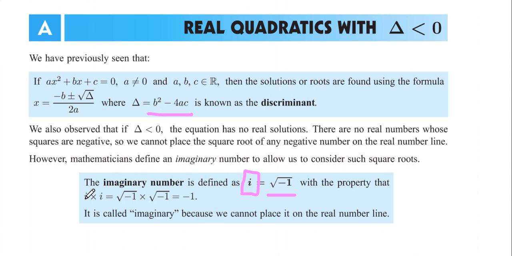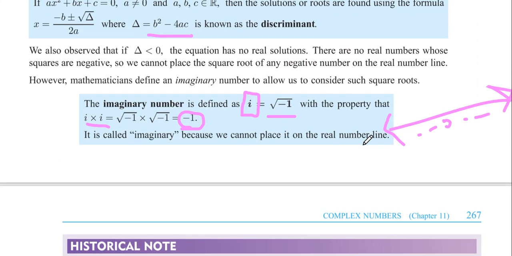And hence, when you multiply iotas, you get a real number. It's called imaginary because you cannot place this iota on the number line. You have a number line with all your numbers 0, 1, 2, 3, and so on, but you don't have the iota. So that's why it cannot be placed on the number line.